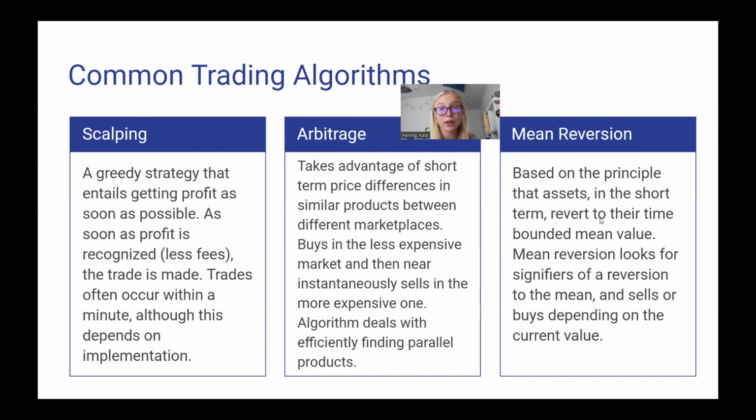Here are common trading algorithms, and I'm going to tell you which one I'm going to be going over in this video. The first one I want to talk about is mean reversion. It's based off the principle that assets in the short term revert to their time-bounded mean value. Mean reversion looks for signifiers of a reversion to the mean and sells or buys depending on the current value.